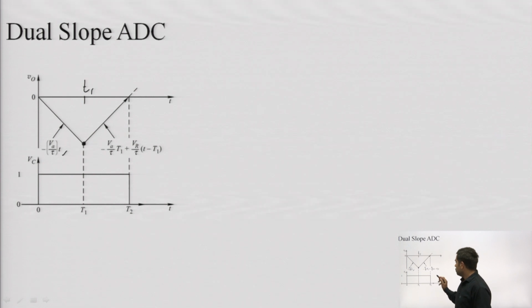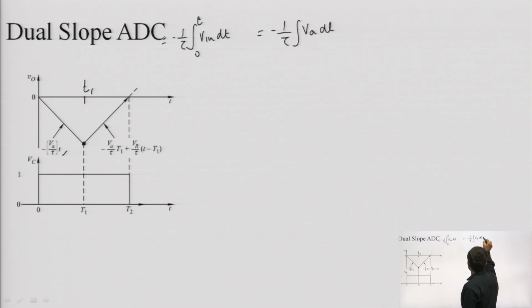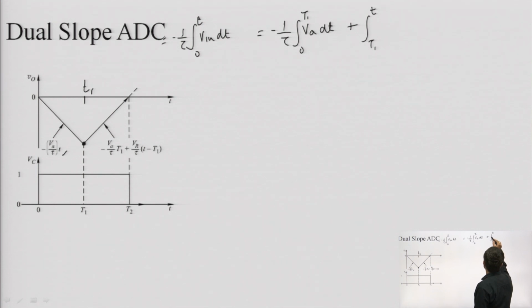So again, if we split that V in dt formula, it will be minus 1 by tau VA dt from 0 to t1, and plus t1 to t, 1 by tau, also with a minus sign, minus VR dt.